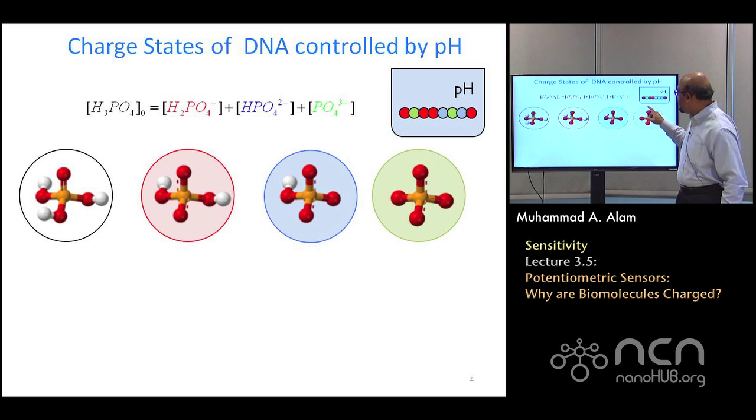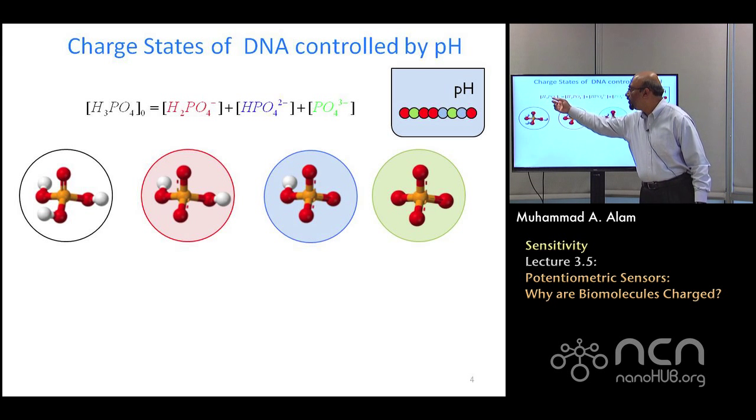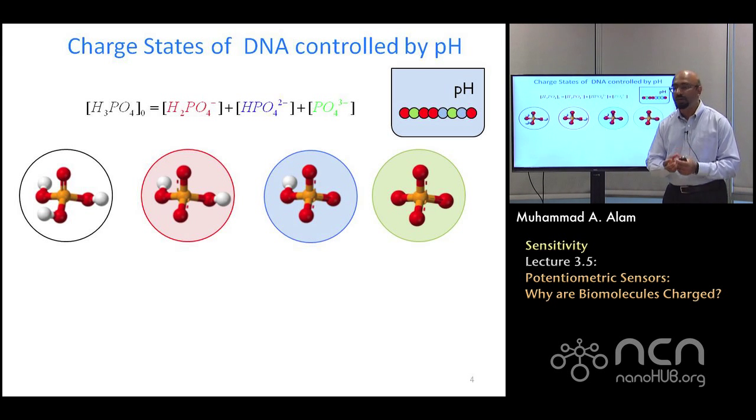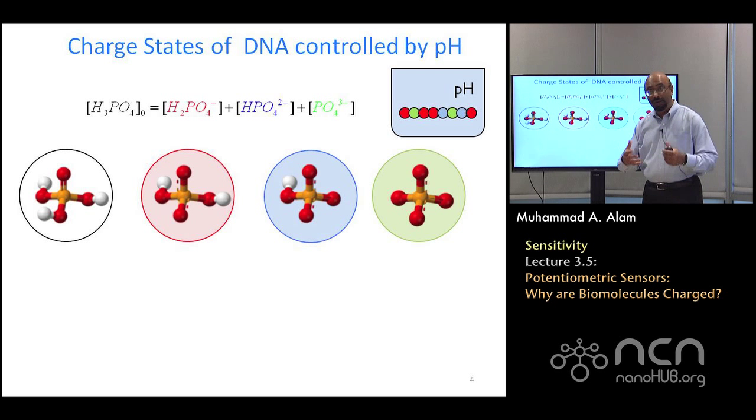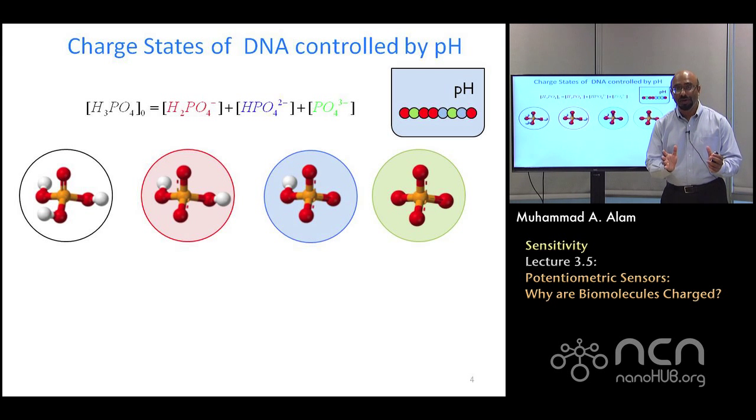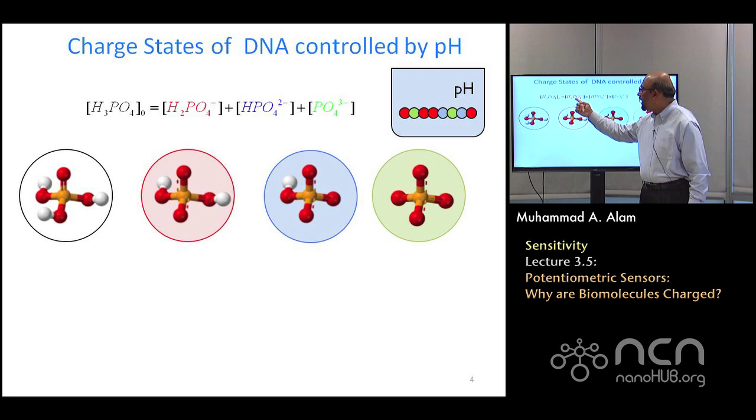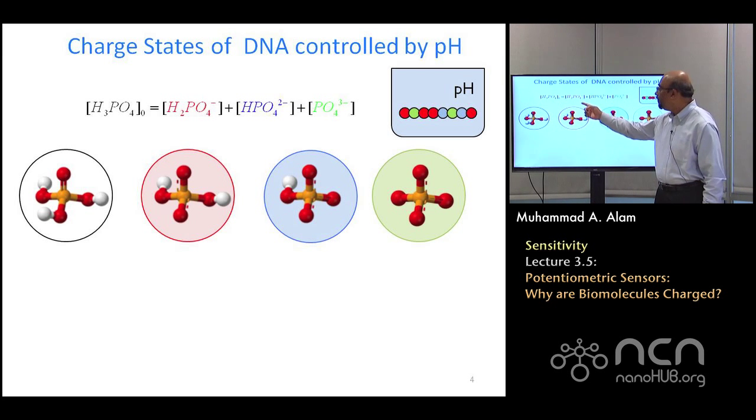You see, for each one of the residues associated with A, T, C, and G, there is a phosphoric acid molecule associated with it. Now in water, remember everything we are talking about is in water, it may lose 1 proton, 2 protons, or 3 protons.